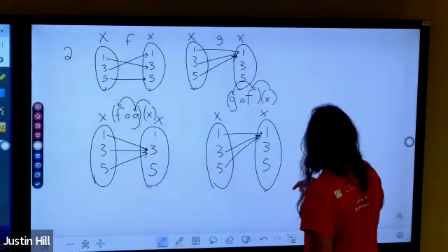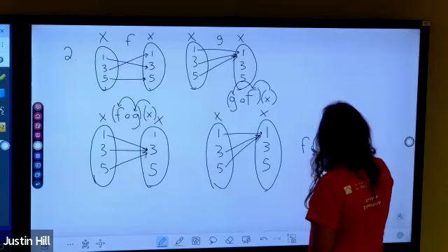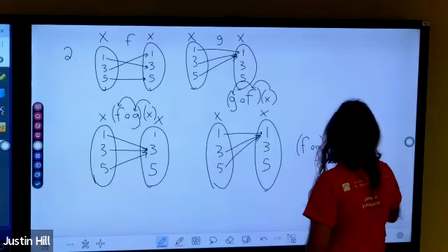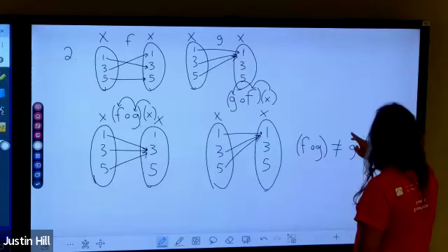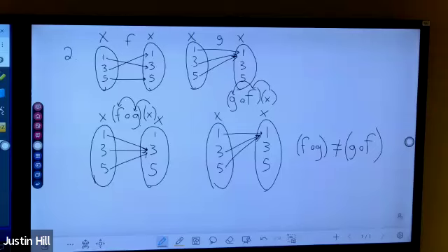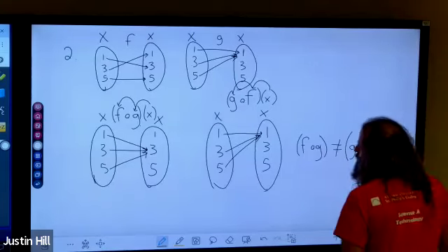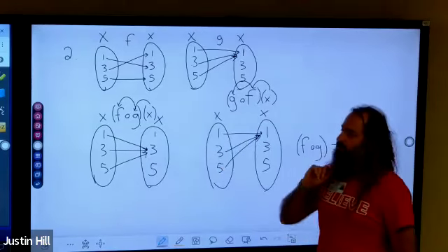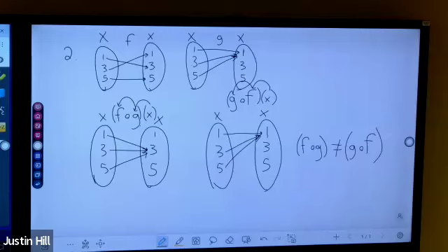No. It's pretty obvious just looking at these that F compose G does not equal G compose F. Good, so we can compose functions with arrow diagrams. All right, the next thing I gave you.